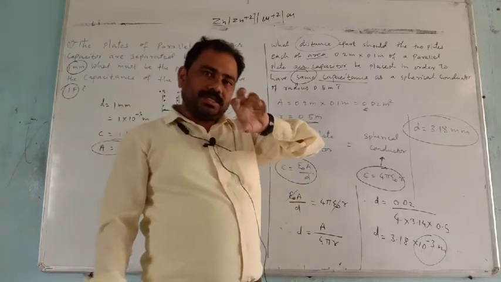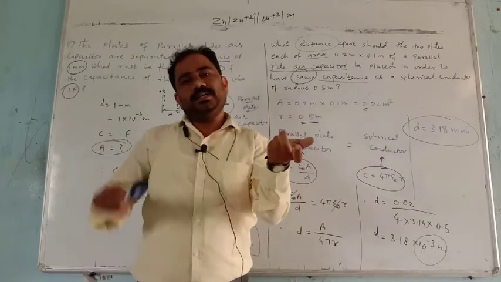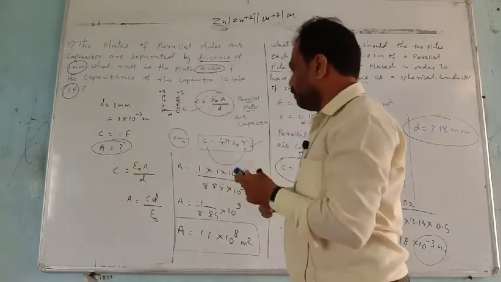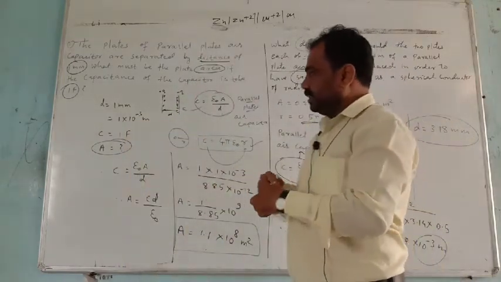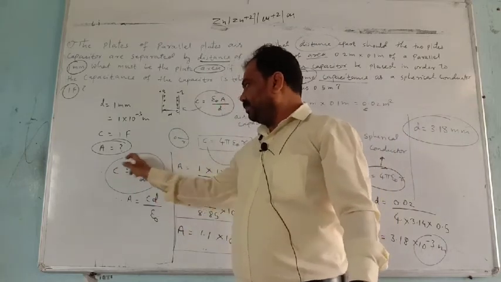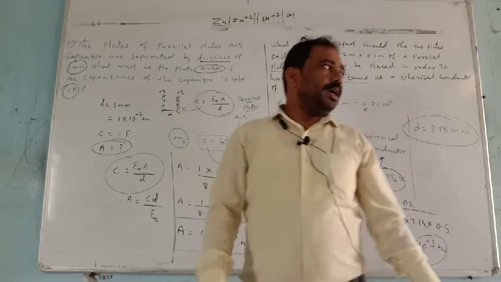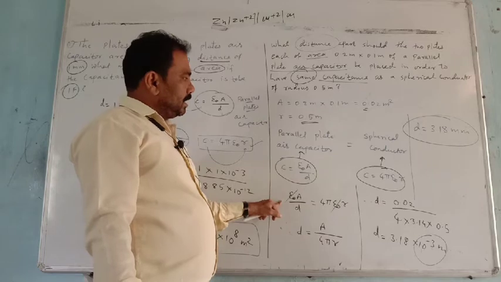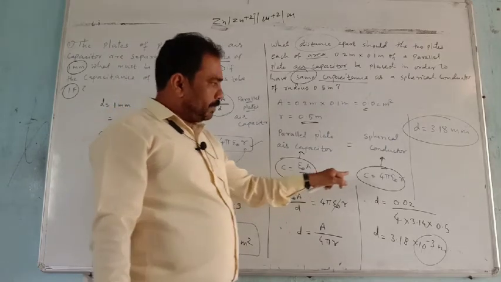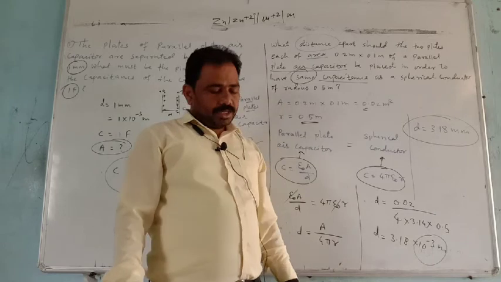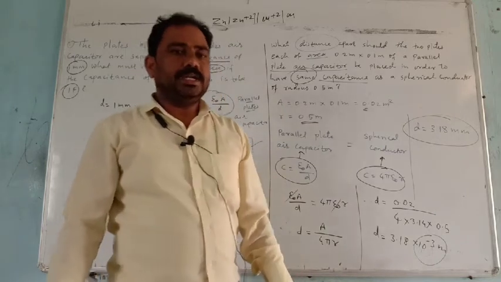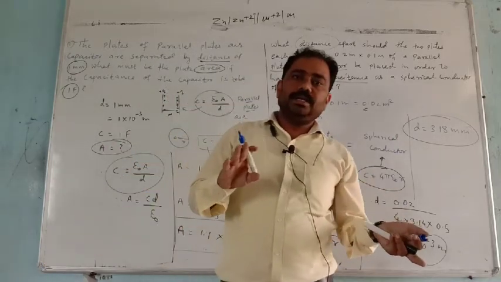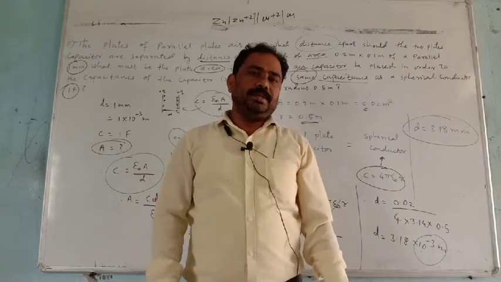Keep these two formulas in mind. First, C is equal to epsilon naught into A upon D, and second, the capacitance of a spherical conductor is 4 pi epsilon naught into R. If you can differentiate between them, you can easily solve these questions.